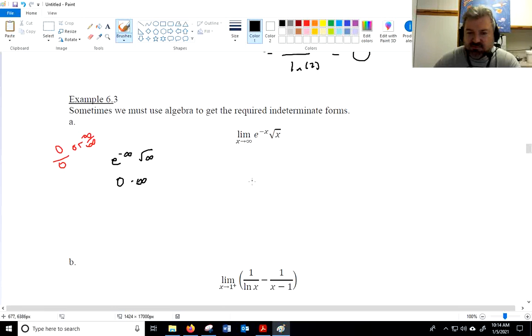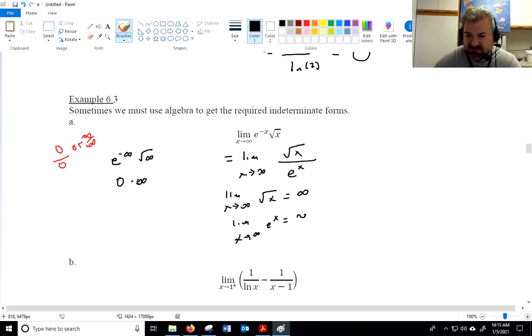But we can easily rewrite this as the square root of x over e to the x, like so. Now, when I evaluate the numerator, the square root of x, that's infinity. And the limit as x goes to infinity of e to the x is also infinity. So I have infinity over infinity. That's an indeterminate form.